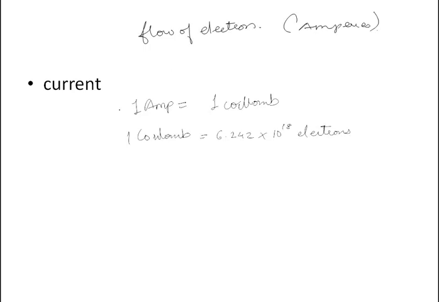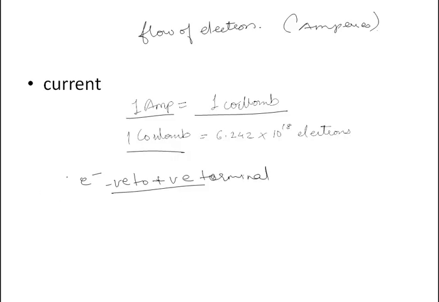Okay, so 1 ampere is equal to 1 coulomb per second, and 1 coulomb we know the value is 6.242 into 10 raised to 18 electrons. So electrons are negatively charged and they flow from the negative to the positive terminal, because they are attracted towards the positive terminal.